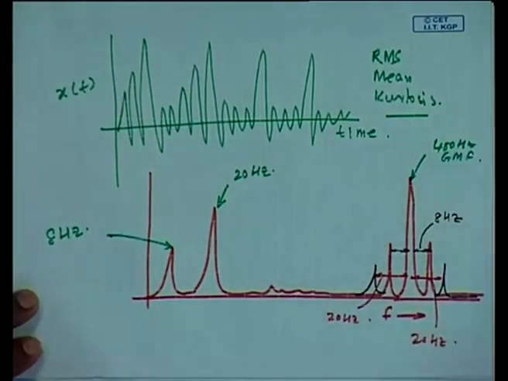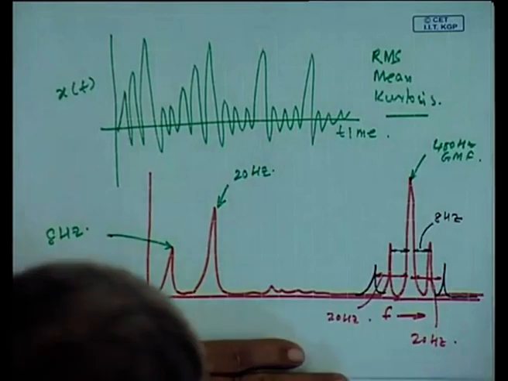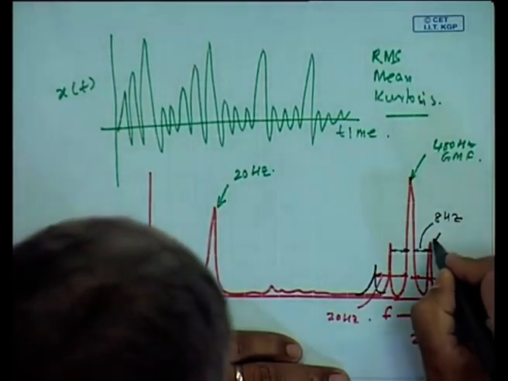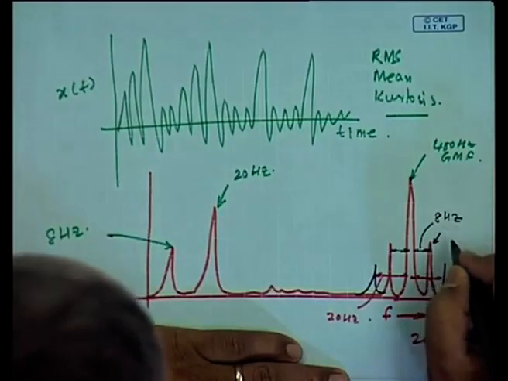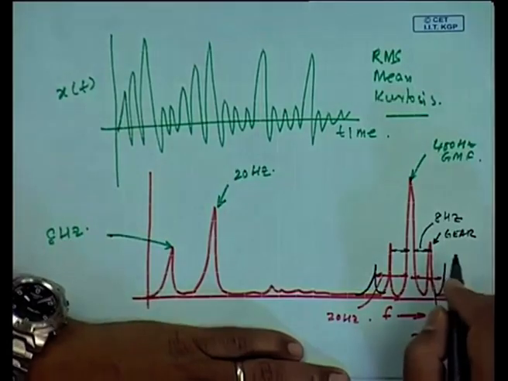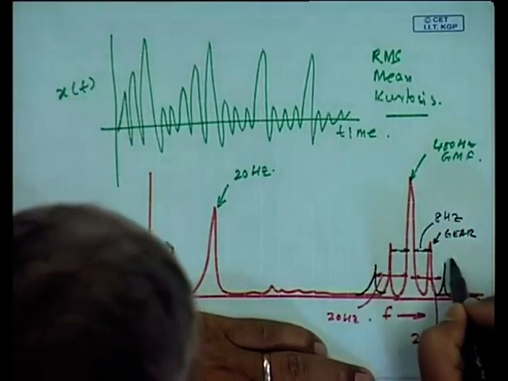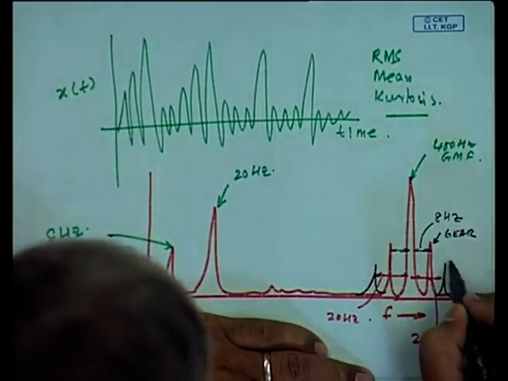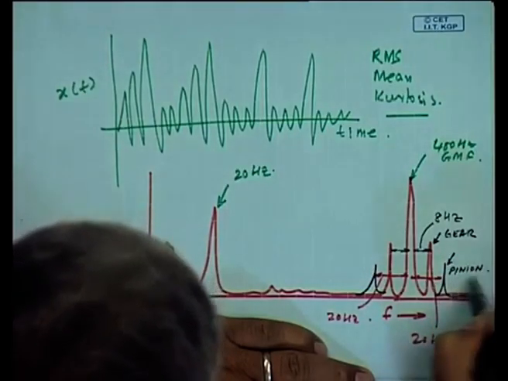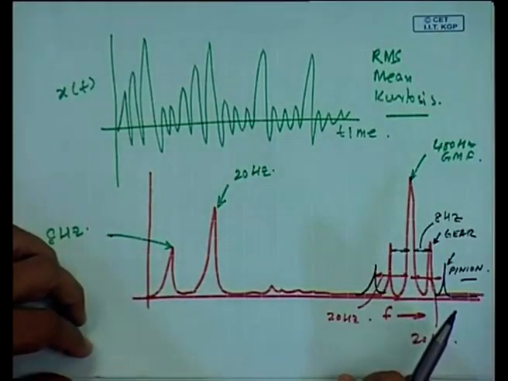For example, in this gearbox, I will know if a sideband occurs at 8 hertz, that means I have signal coming from my gear. If my sideband occurs at the 20 hertz, I know this will be from my pinion. Okay.